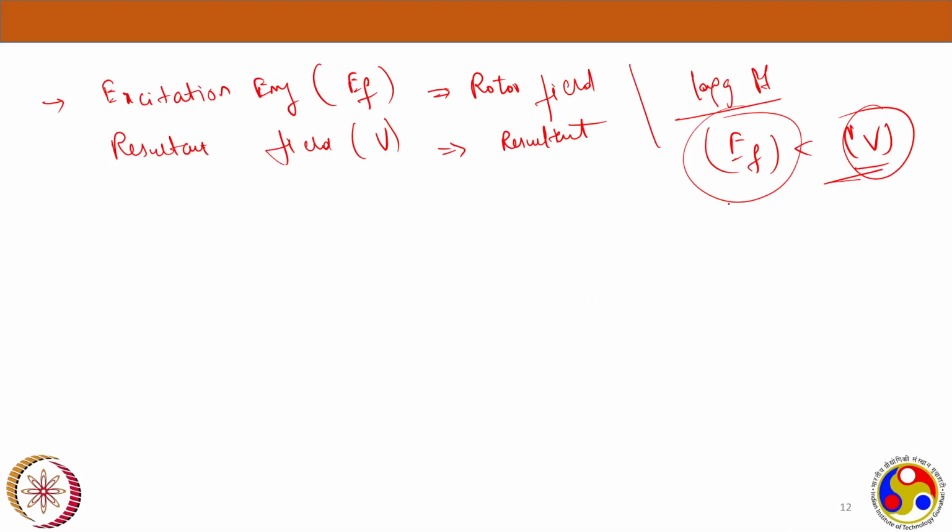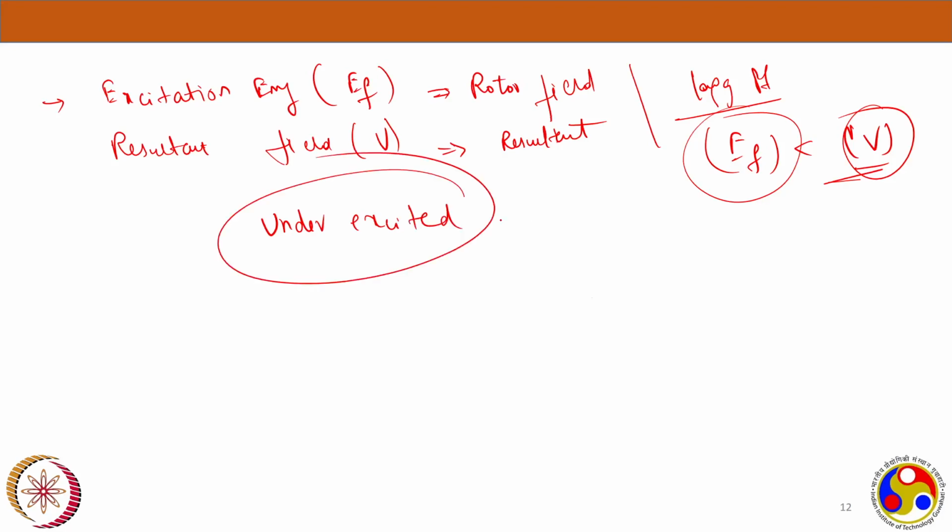So you call this condition under excited. So a synchronous motor drawing a lagging power factor will operate in the under excited condition. Now it's simple to relate from the phasor diagram.